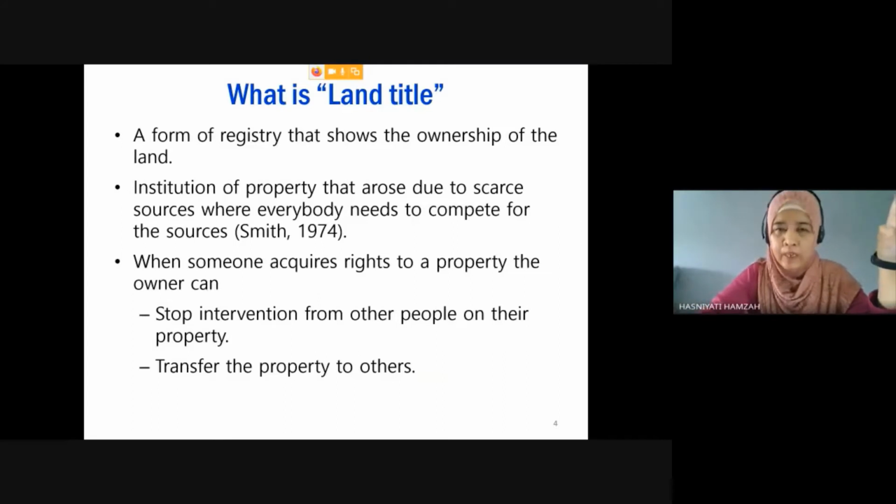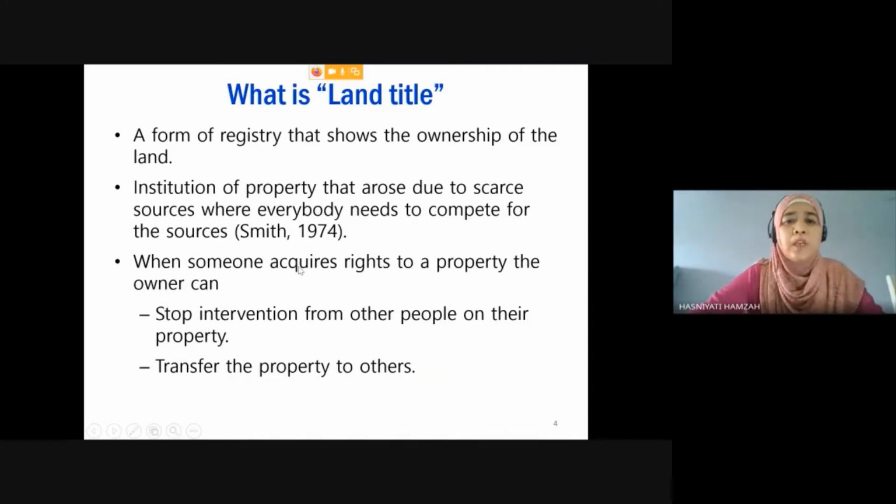At that time land was scarce, therefore they needed to allocate the land justly, not equally, but equitably, fairly for everybody, and it's a system that can guarantee the right on the property. So it is an institution that is necessary for the development of the property industry.